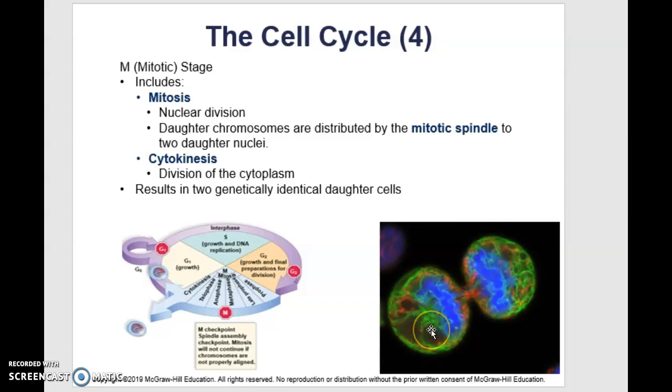It's going to result in two genetically identical daughter cells. So mitosis is just a copy machine. It's making an exact copy. It's like we took this cell and we made an exact copy of it on a copy machine, and now we have two cells. That's what mitosis does. So the division of the nucleus is mitosis, and the division of the whole cell is cytokinesis.